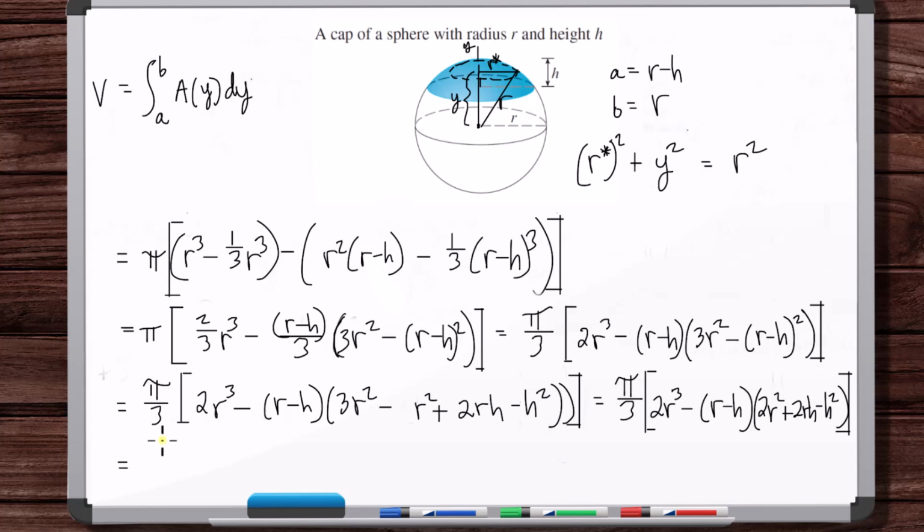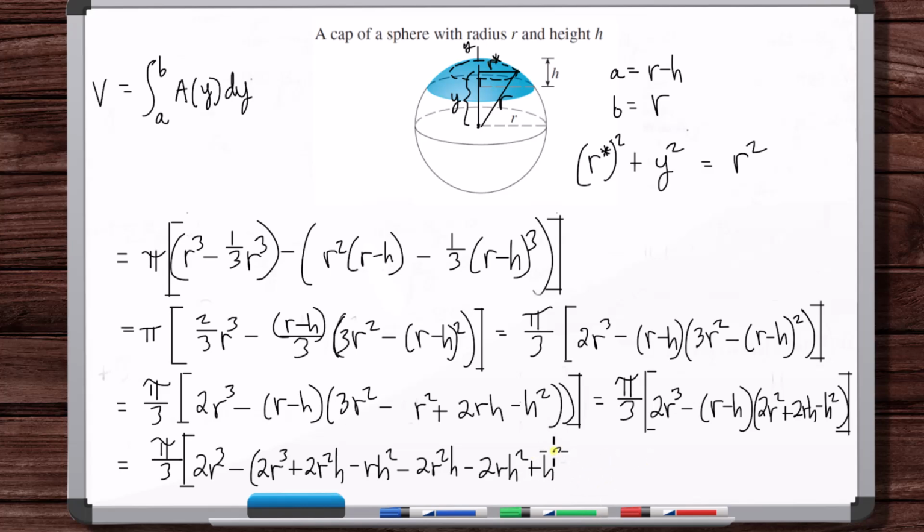Okay, and so this is 2r cubed minus, and then we've got 2r cubed plus 2r squared h minus rh squared minus 2r squared h minus 2rh squared plus h cubed.